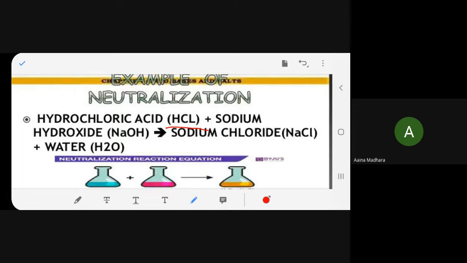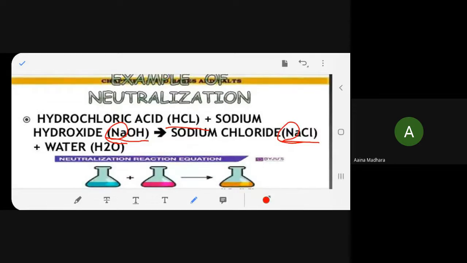What is sodium hydroxide? NaOH. What is sodium chloride? NaCl. What is the symbol of sodium? Na. Clear?